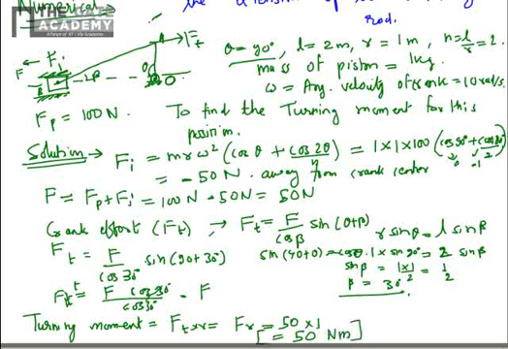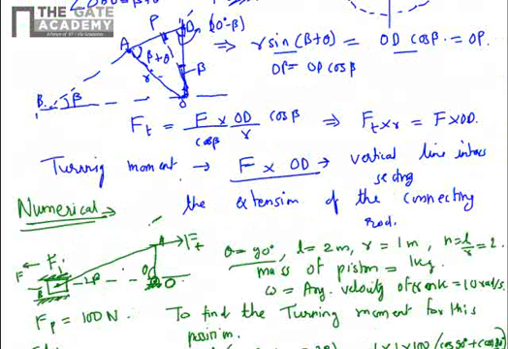This is our answer. Now in the same problem, we can also determine a quick solution for the turning moment if you know the F only. Just now we saw that if you draw a vertical line from O and you extend the connecting rod, you get the intersection point D, and you multiply the length OD with the F, you can get the turning moment.